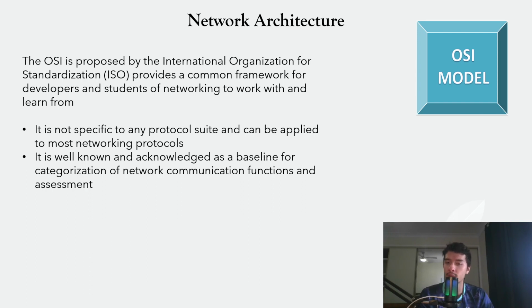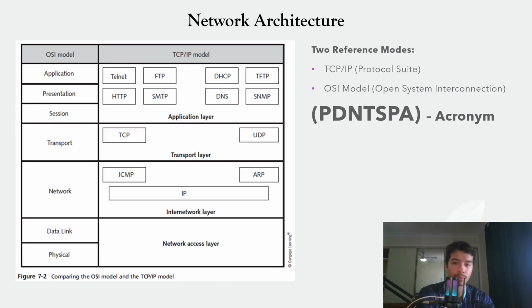It is well known and acknowledged as a baseline for categorization of network communication functions and assessment. So basically, it's saying that this OSI model is universal. It's not an exact blueprint, but rather it encompasses pretty much all protocols in the sense that it's compartmentalized in sections so we can easily understand it. Does that make sense? So we've got layers which have meaning, and then you can frame a logical idea on how it works. Okay.